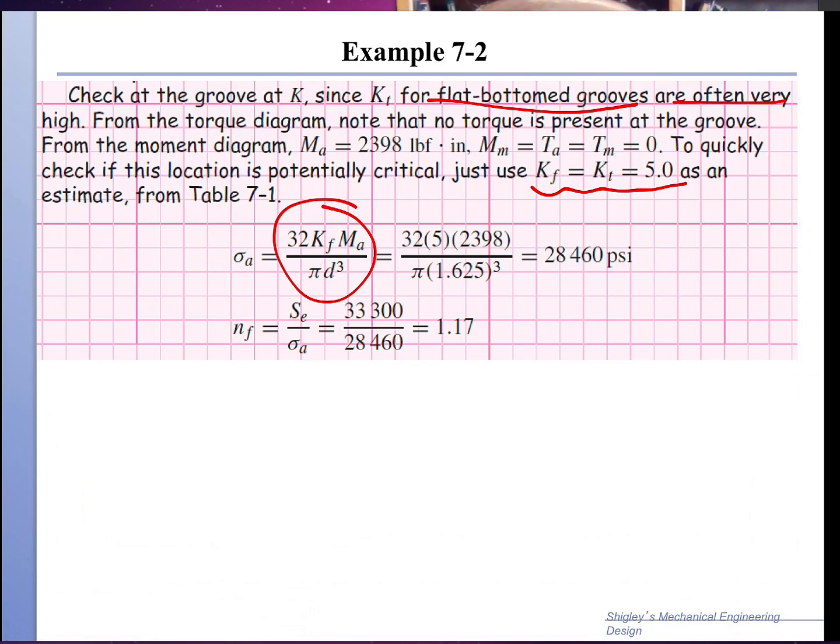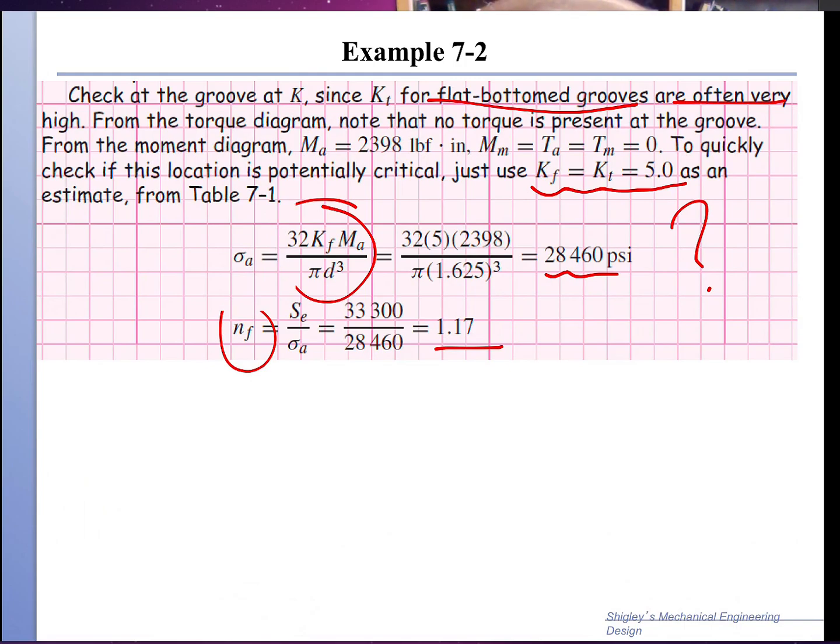So it changes to 28.4, and then when you look at the fatigue safety factor, you find that it is really low, 1.17, even though it doesn't have any torque on it, so just from the bending. Thus, we have a problem here we have to solve.